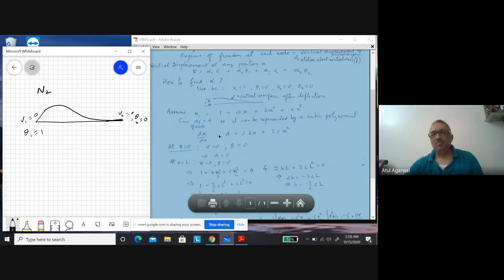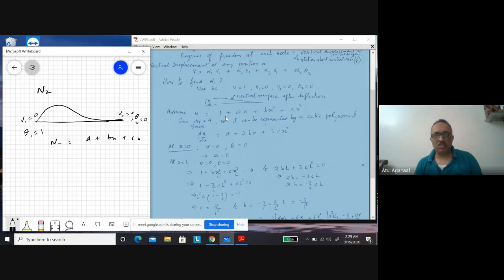Okay, we start with this equation, and we say that, okay, we cannot start with this equation. We'll have to start with a general equation. N2 is equal to a plus bx plus cx square plus dx cube. Then we will say that v is equal to N2.